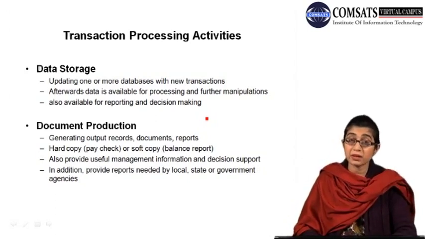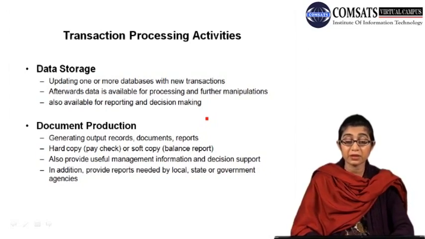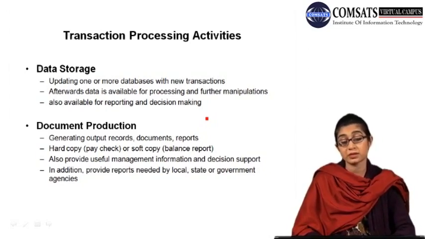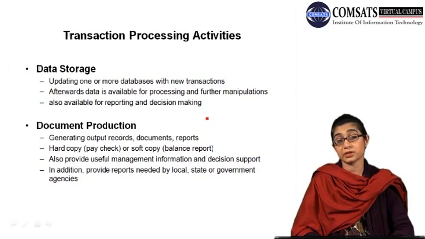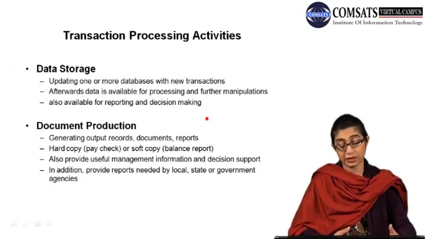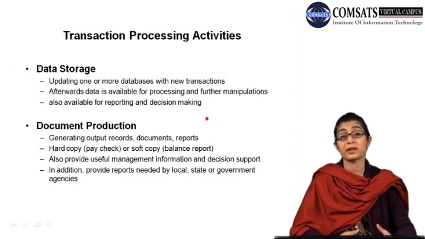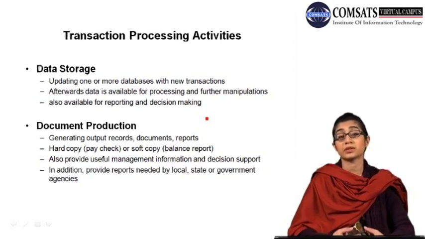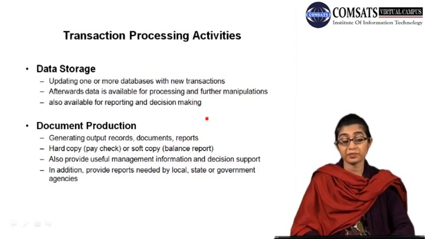Then document production की core functionality, it also provides useful management information and decision support functions as well. Again जो data TPS generate कर रहा है, वो data use करके आप different kinds of reports generate करते हैं for the MIS as well as DSS.